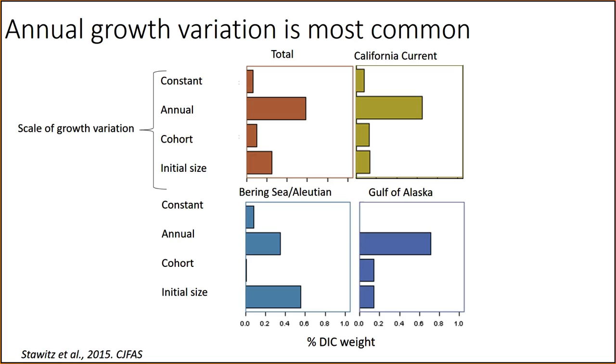Because there should be a cohort effect in that they're not a uniform size all the time every year. But I think that's what I think of initial size as a cohort effect. I mean, yeah, they definitely both operate at the same scale. Right. It's just at what age within that scale they operate.